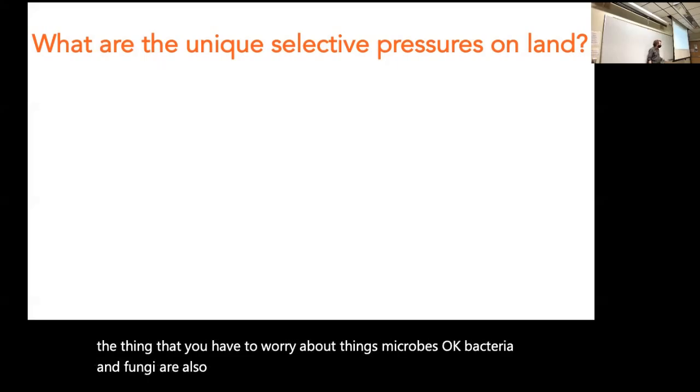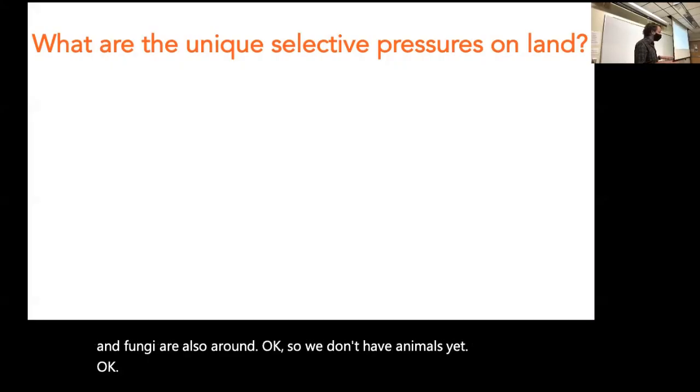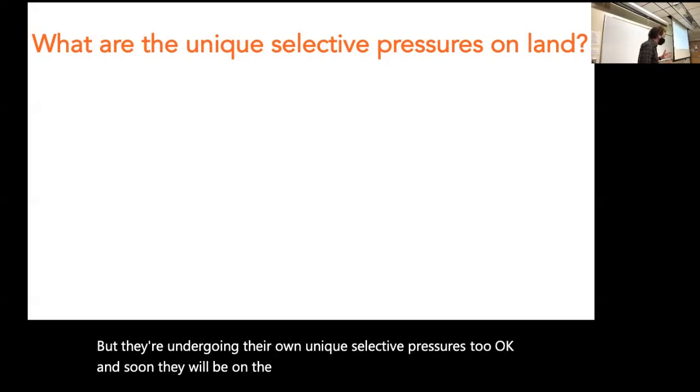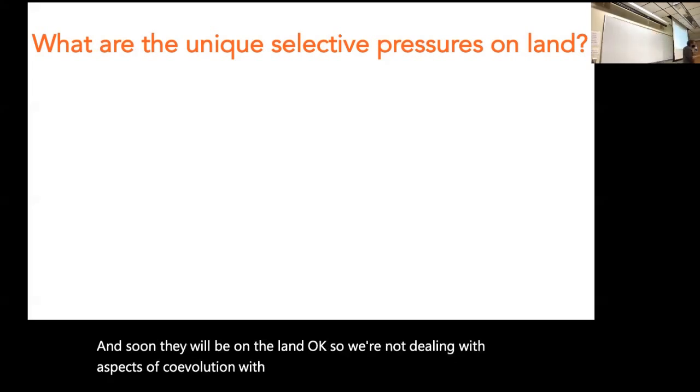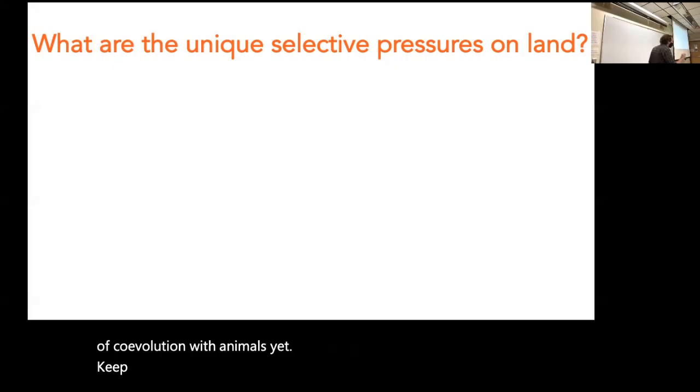So we don't have animals yet. But they're undergoing their own unique selective pressures too. And soon they will be on the land. So we're not dealing with aspects of coevolution with animals yet. Okay, but keep that thought. It's really good. All right.